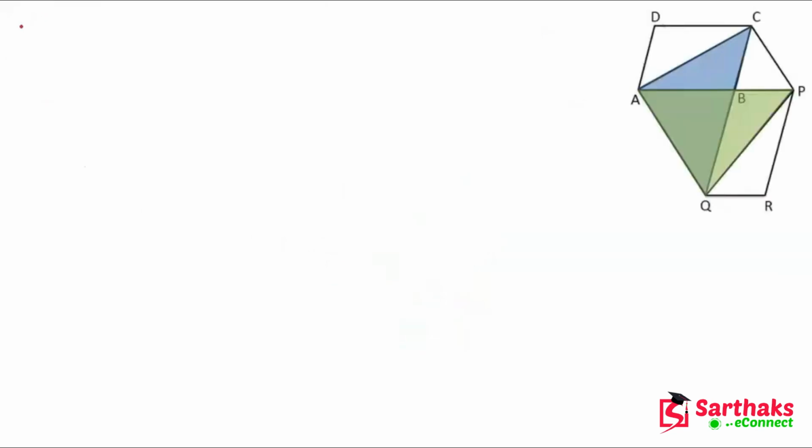Now, my dear friends, first of all let's write the given part. We have a parallelogram ABCD, where CP is parallel to AQ, means this CP is parallel to AQ.